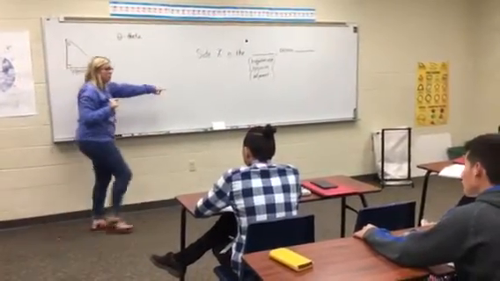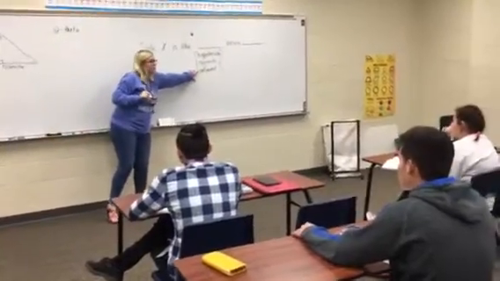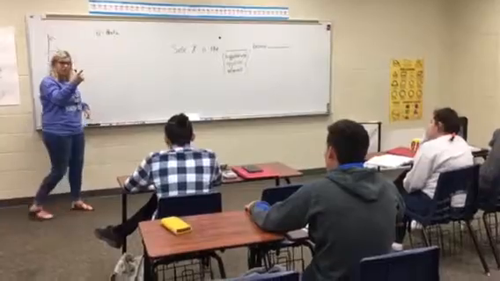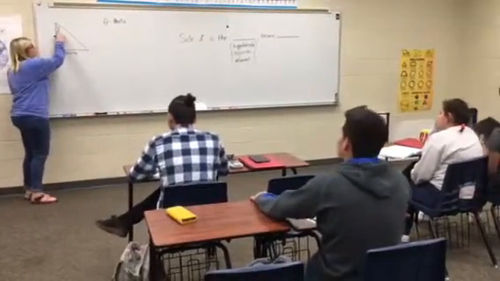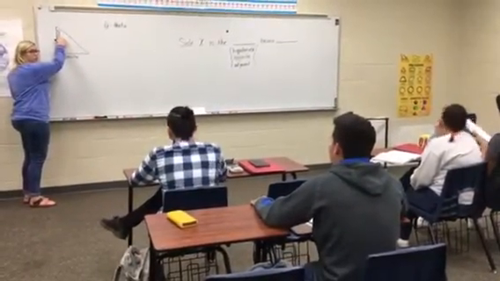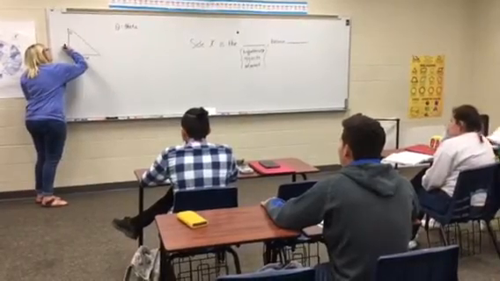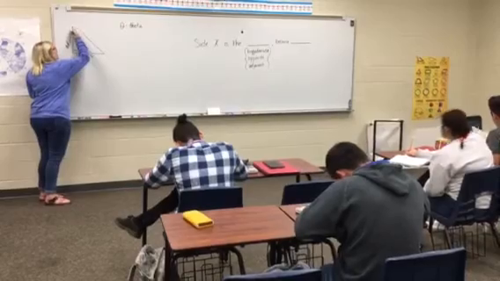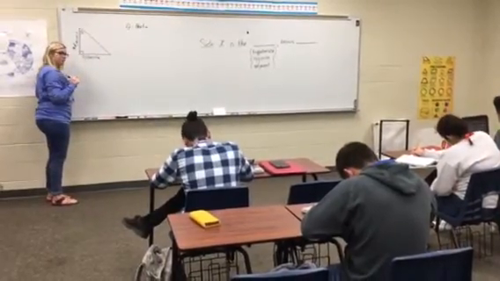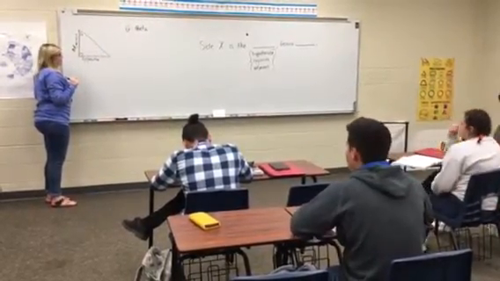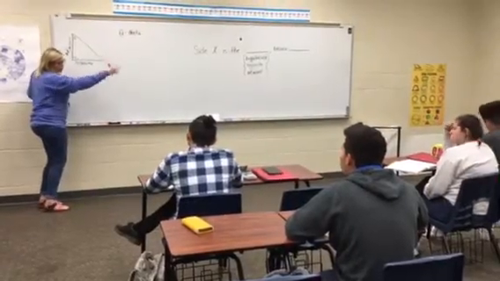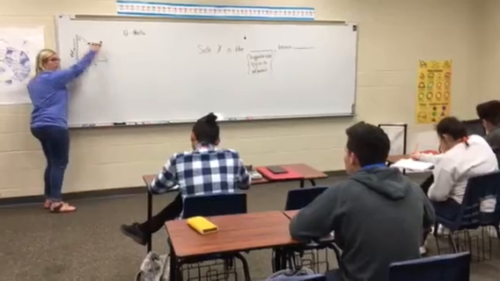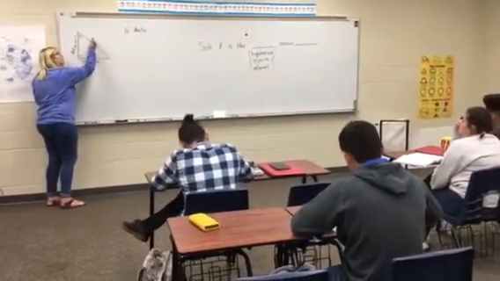Do we know what adjacent means? Next to it. Next to, exactly. So the side that is next to theta is your adjacent side. And we should always know that the hypotenuse is the side across from the 90-degree angle.